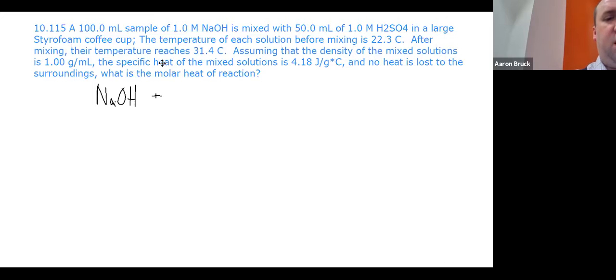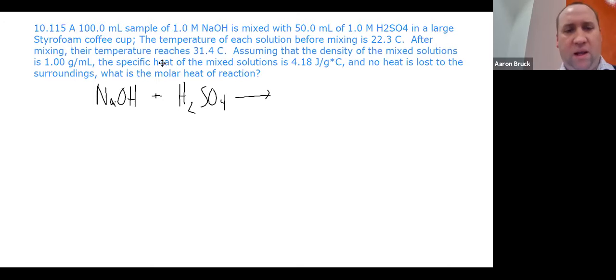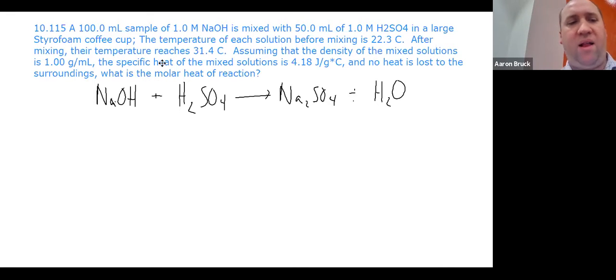Sodium hydroxide reacts with sulfuric acid to make sodium sulfate and water. And if I balance out that equation, wouldn't you know, it's not 1-to-1, it's actually 2-to-1.